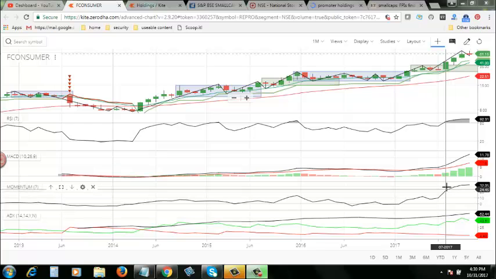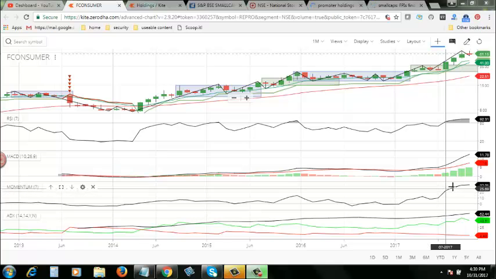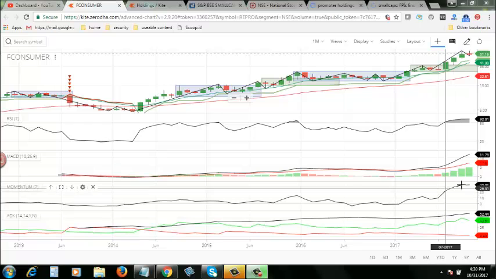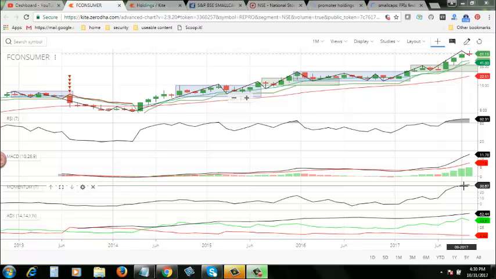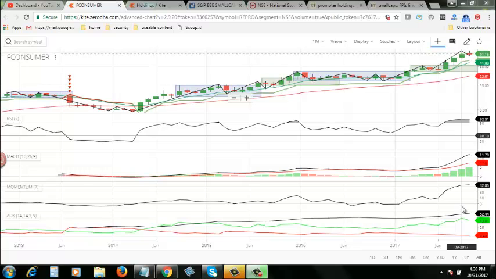Now look at the momentum. The momentum graph is above the baseline, which is very good. Zero is the baseline here, and momentum is making a parabolic curve. Instead of going up, if you look at the tip of the momentum graph, it is making a line parallel to the baseline. This clearly indicates the price decrease position here.